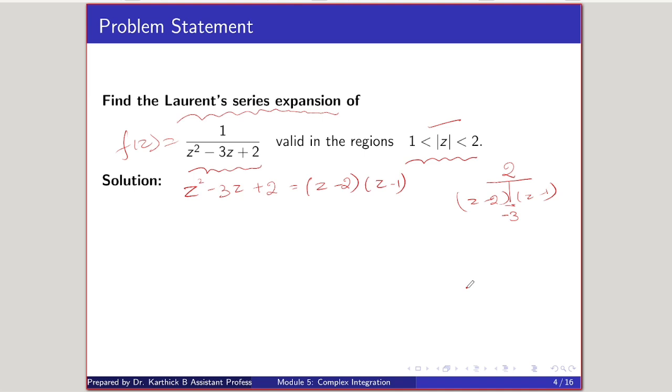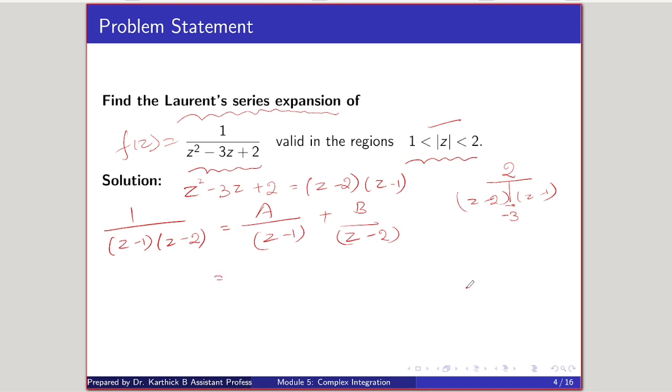Okay. So now we can use partial fractions. How can we write this? a by z minus 1 plus b by z minus 2, and we have to find the values of a and b.